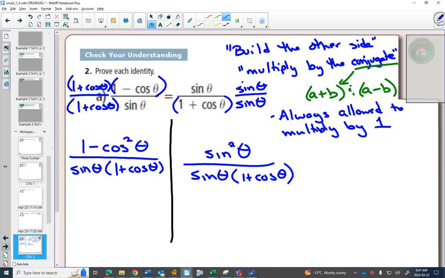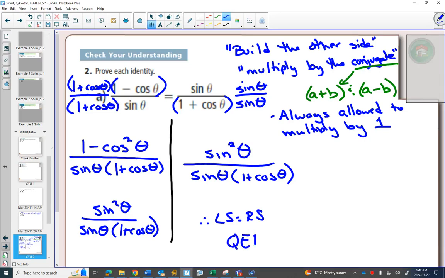Well, now I have squares. Now I can go to my Pythagorean triplets. 1 minus cos squared, that's equal to sine squared. And our left side is equal to our right side, and we're done our proof.